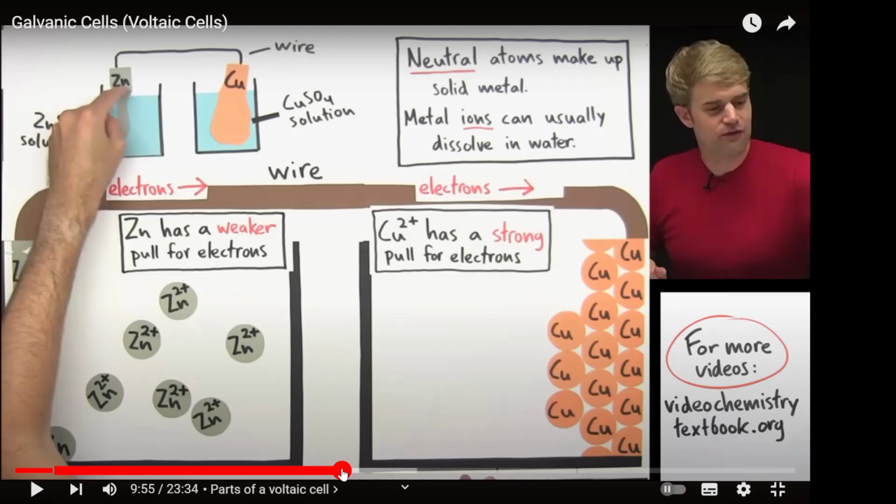You take the solid metal, the 0 charge metal, and it becomes an ion and dissolves away into solution. And the cathode always gets bigger and heavier, because those positive ions glom onto it, grab 2 electrons, and become solid. I like to think of it like fat cat. Cathode gains mass, and that means that the anode loses mass. So fat cat.